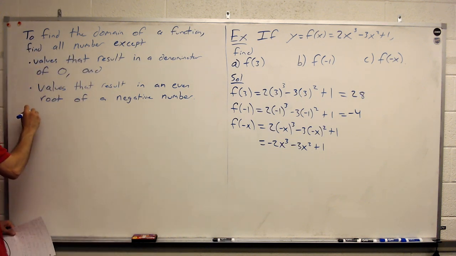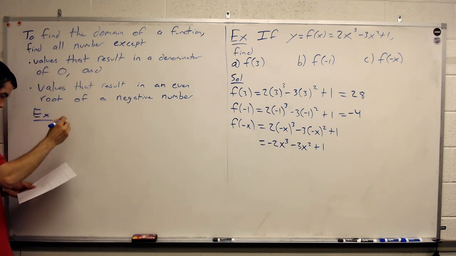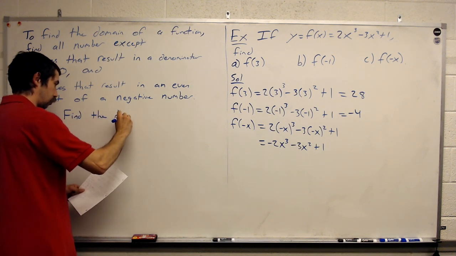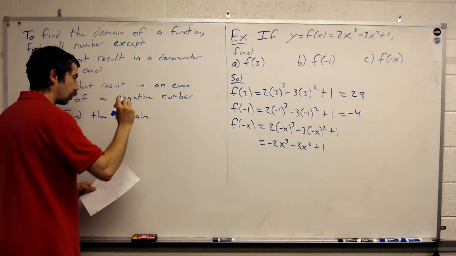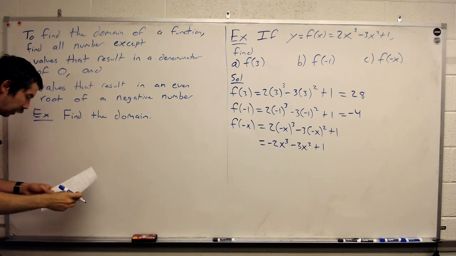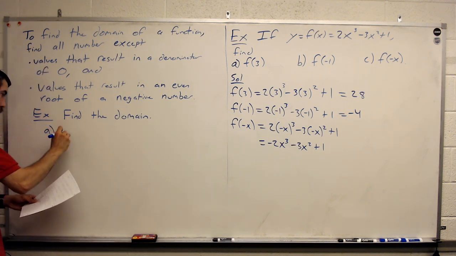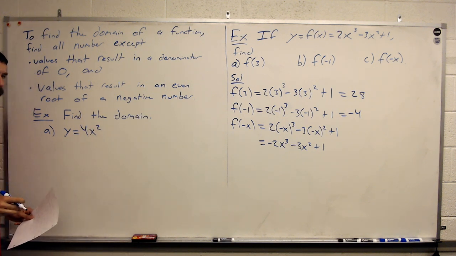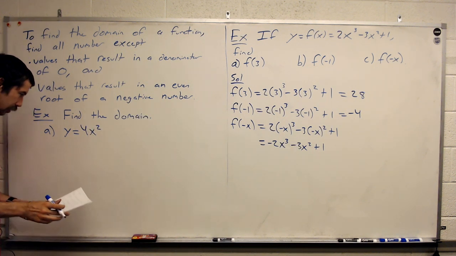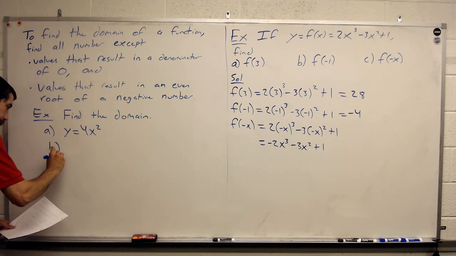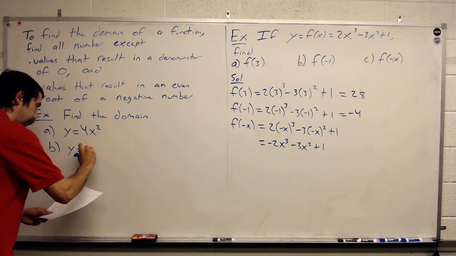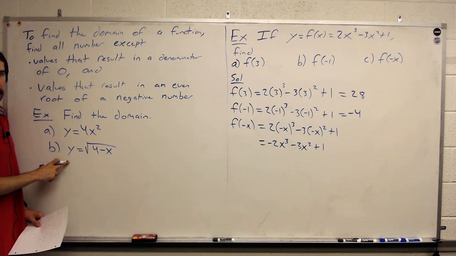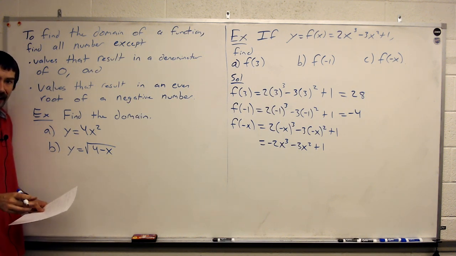Okay, let's do an example. Find the domain, and we're going to do 3 of them. So first is the function y equals 4x squared. Next is the function y equals the square root of 4 minus x.